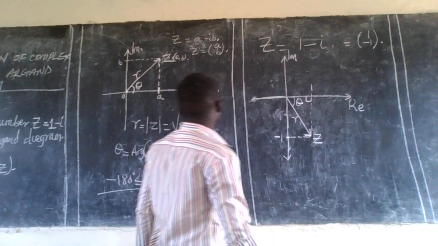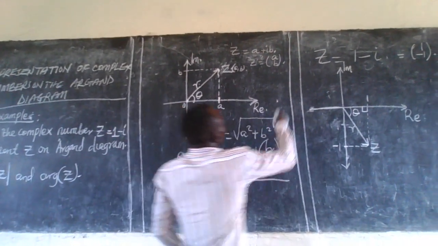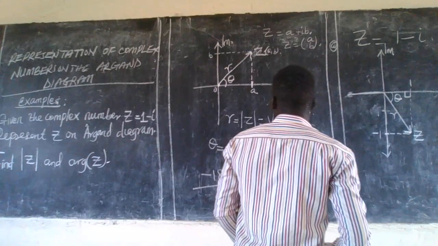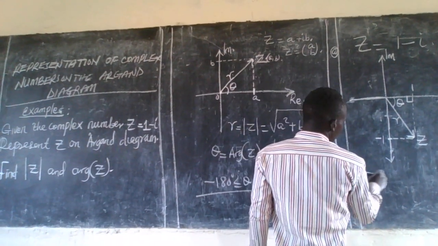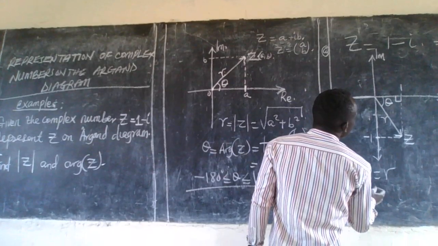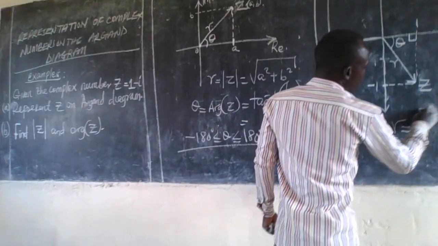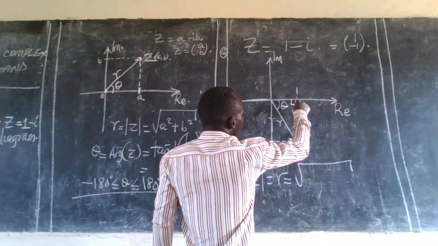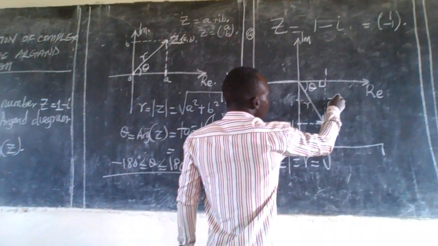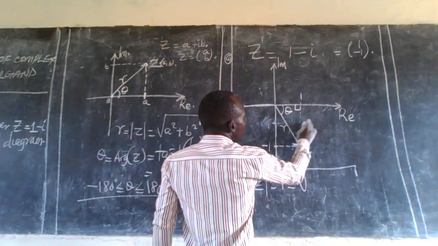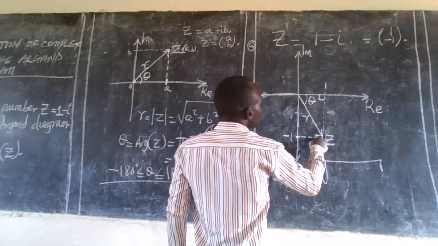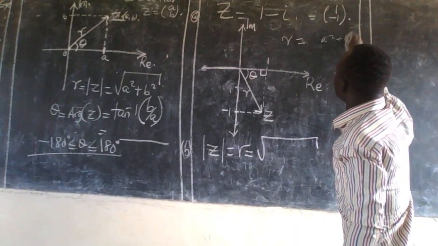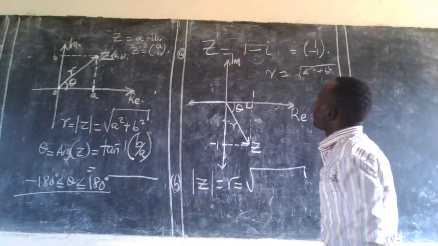Let us go and do our B part of the question. They are saying find the modulus of z. Modulus of z is the same as r, which is given by the square root of a squared plus b squared, isn't it?